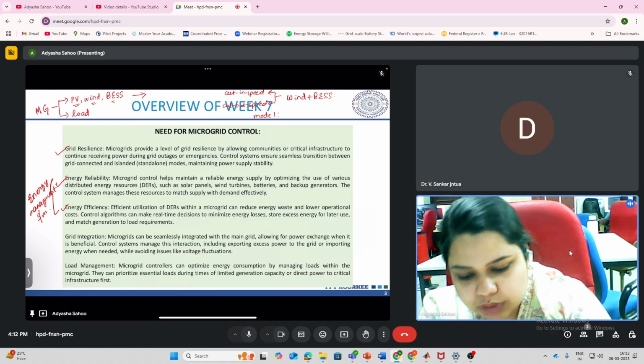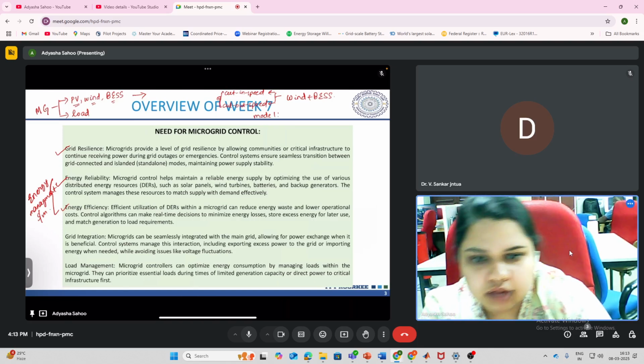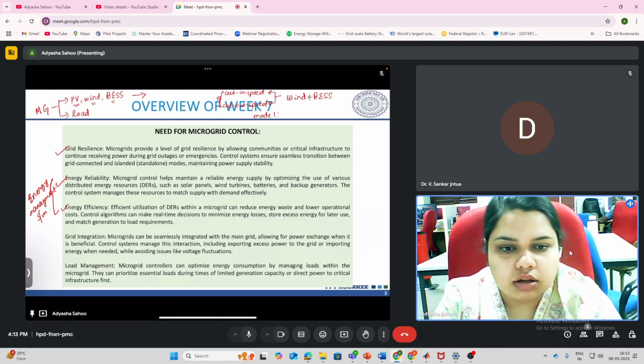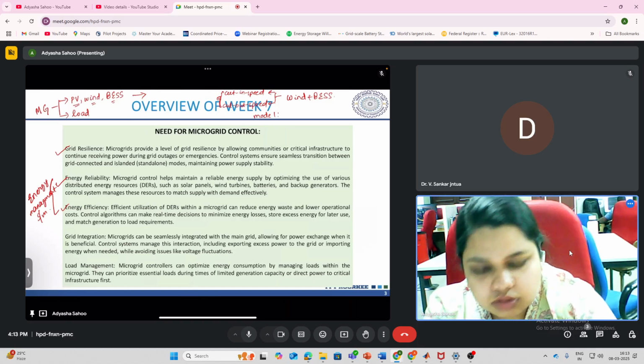So if the speed lies between the cut-in and cut-out speed, only then do we have energy production. Now, how do we transition between these modes? That will require the energy management system.